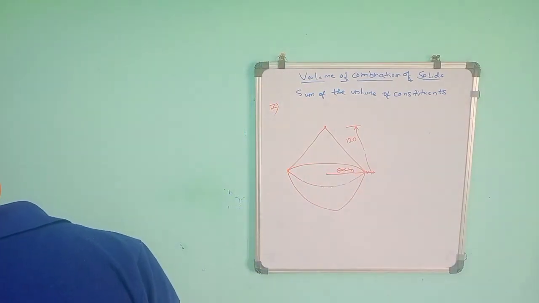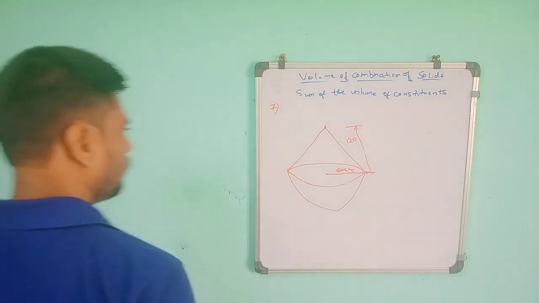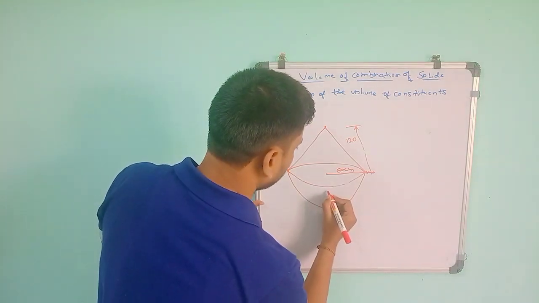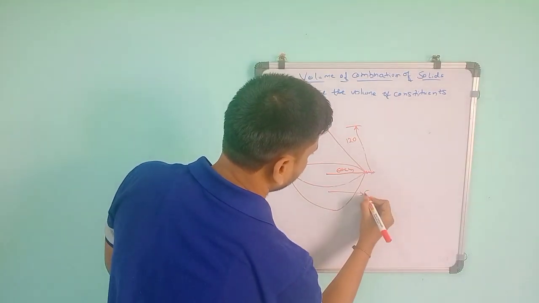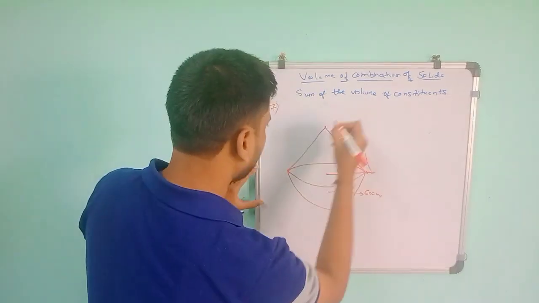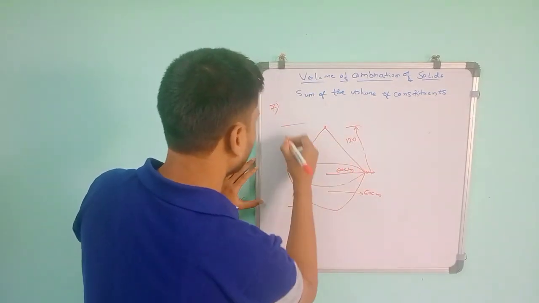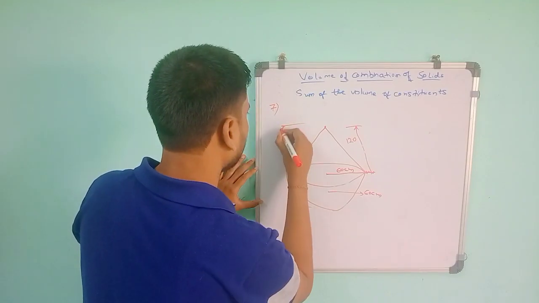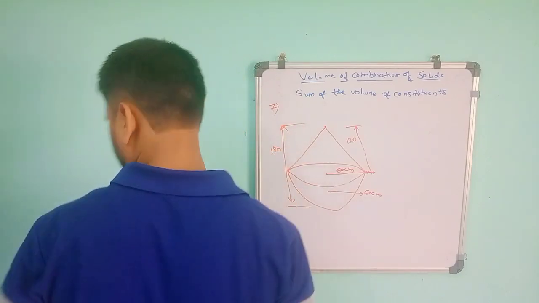Then standing on a hemisphere of radius 60 centimeter, so the hemisphere radius is also 60 centimeter. The total they gave is 180.